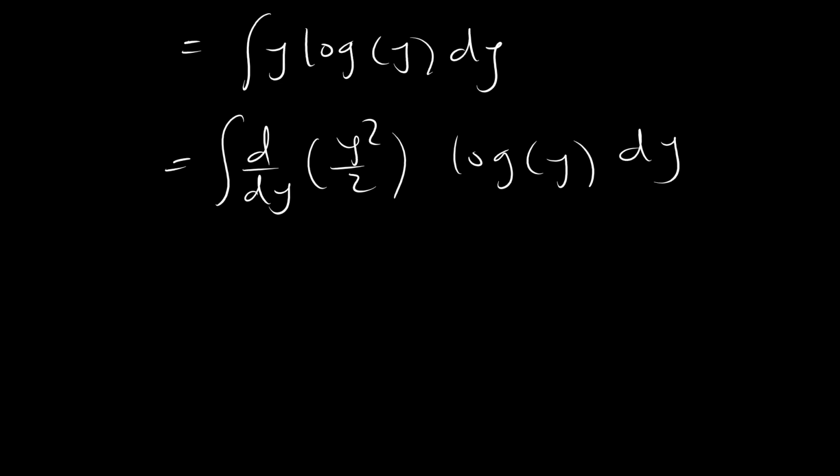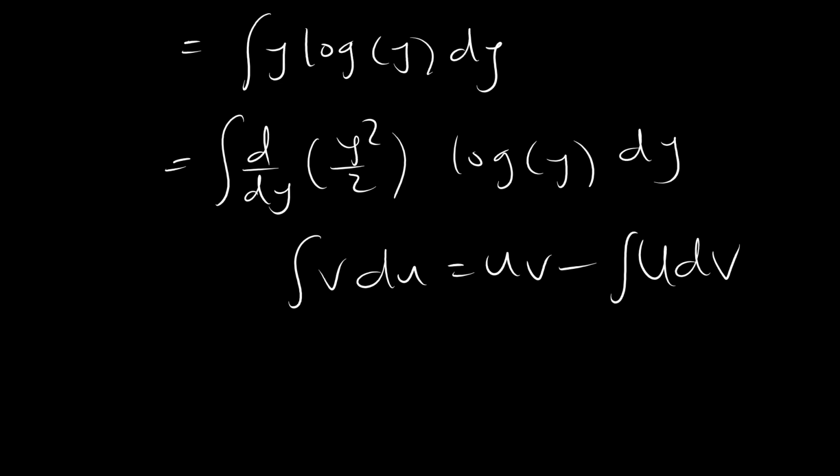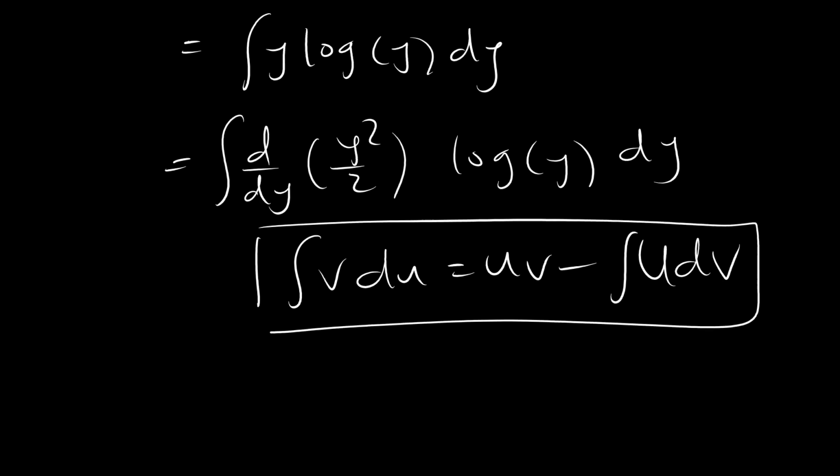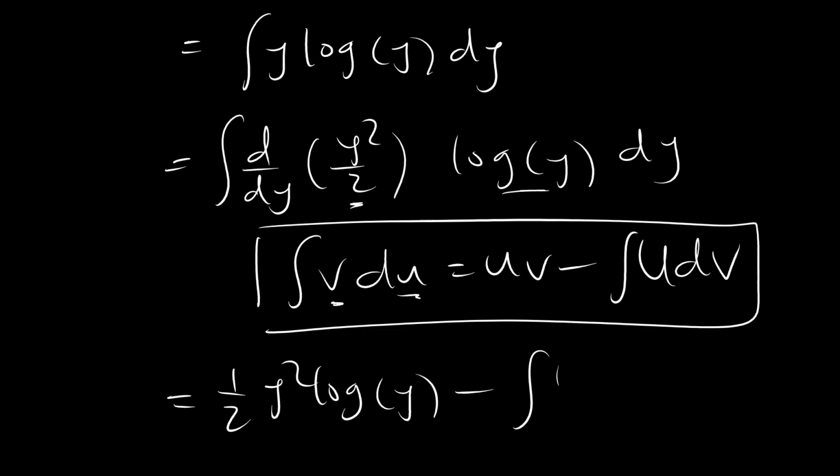And we're going to use integration by parts, right? Such that this here is our u, this here is our v. And so we have a half y squared log of y minus a half y squared.